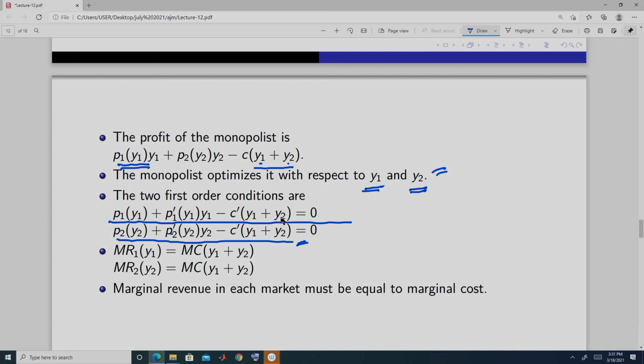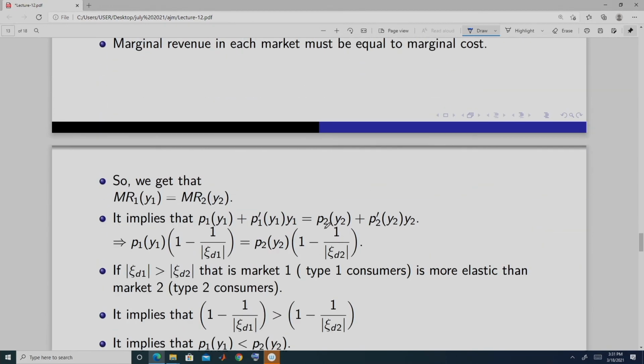So, this first order condition says marginal revenue from consumer type or market 1 should be equal to marginal cost, and marginal revenue in the type 2 market should also be equal to marginal cost. So, that means marginal revenue should always be equal in both the markets.